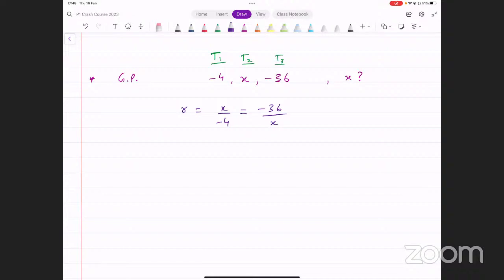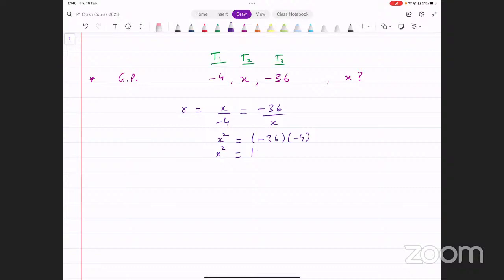All right, if you cross multiply now, that gives you x squared equal to minus 36 into minus 4, and that gives you x squared equal to 36 times 4, that's 144.